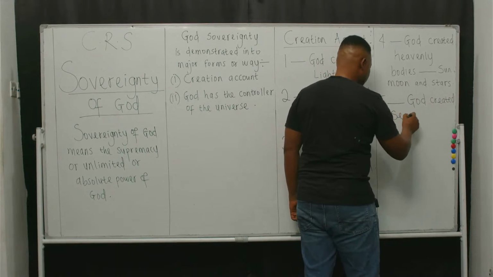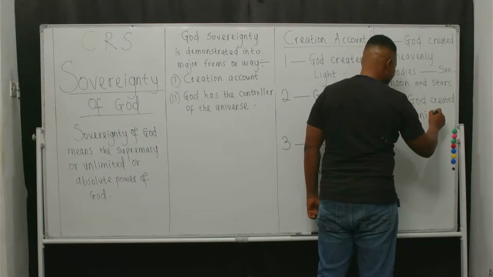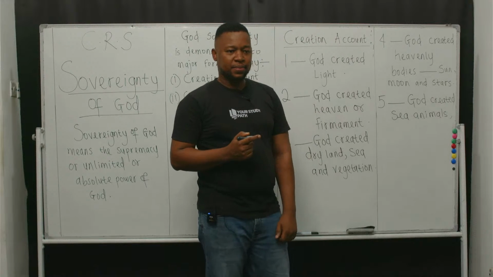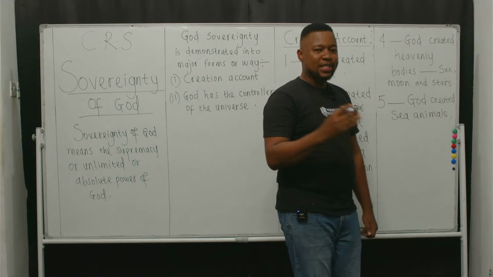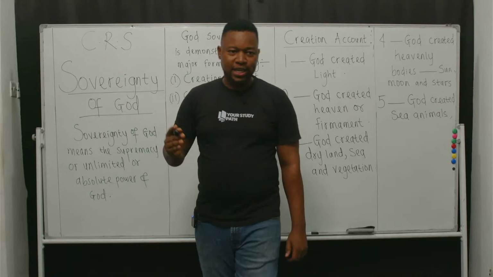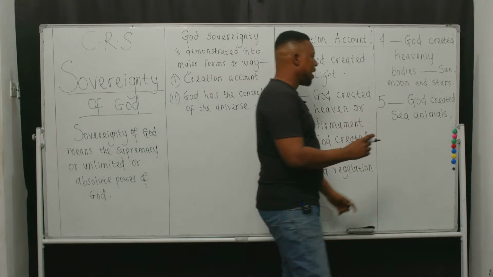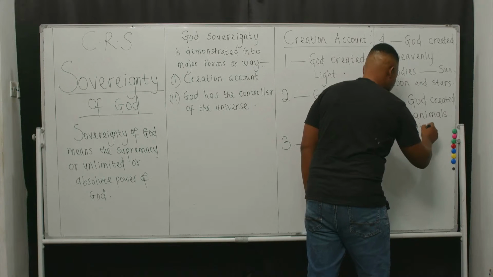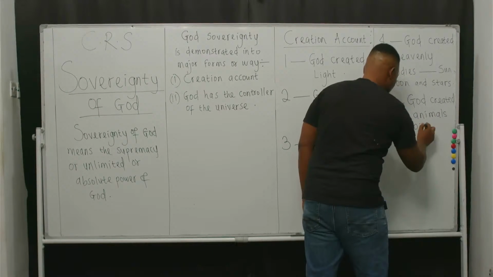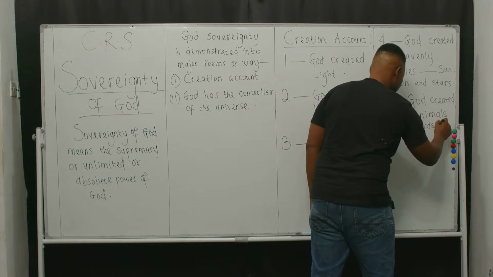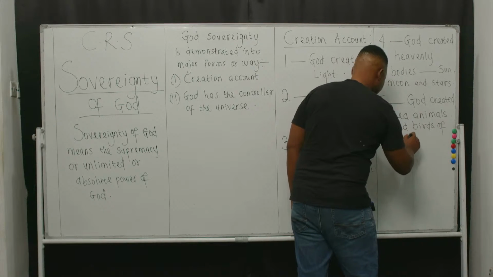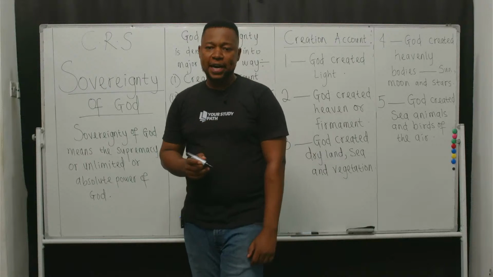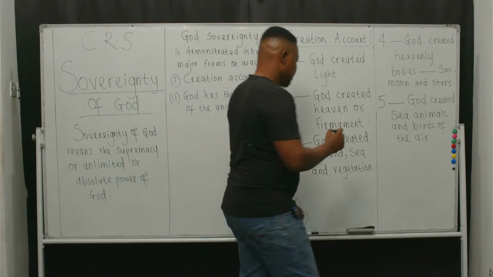When you say sea animals, that is animals in the water, in the sea, all those aquatic creatures that God created on the fifth day, and birds of the air. So that accounts for the fifth day.